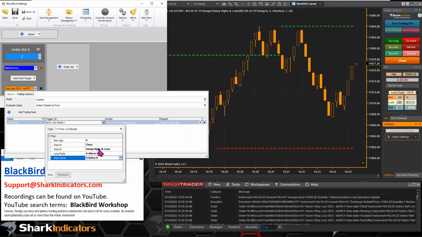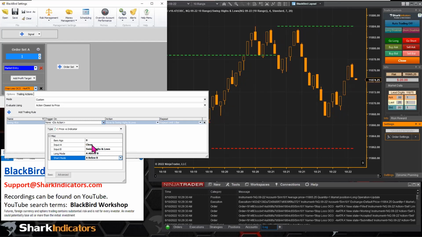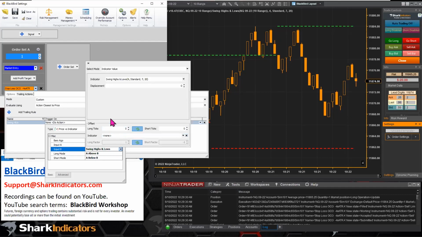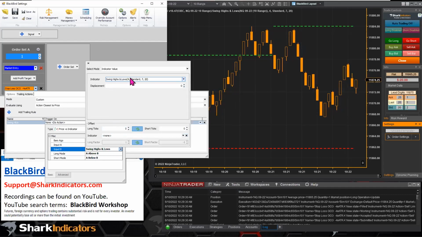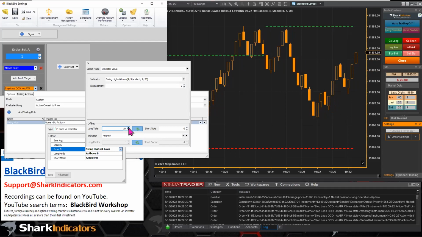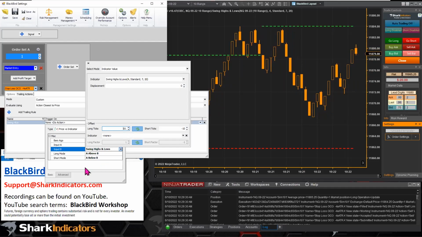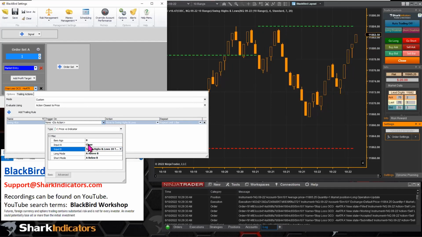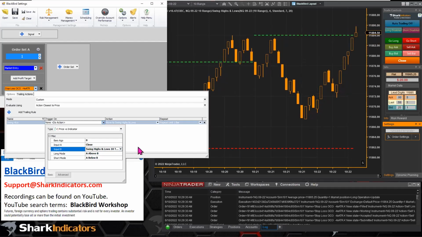What we could do is take either input A or input B and add an offset. So let's take the swing low and add a 10 tick offset to it. Now the close has to be above the swing low plus 10 ticks.